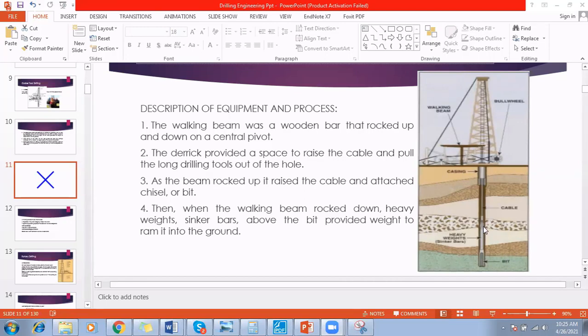After that, the walking beam will be raised upward. As a result, this whole assembly will move upward, the baler is removed from the subsurface, and the cuttings are removed. This whole process proceeds in a continuous manner, and we will reach our desired depth.